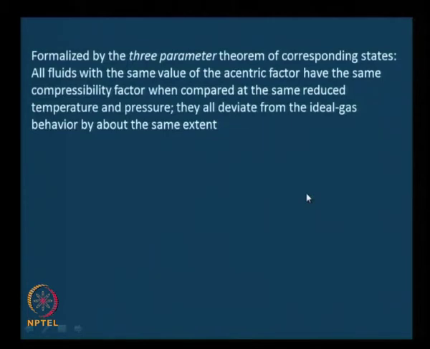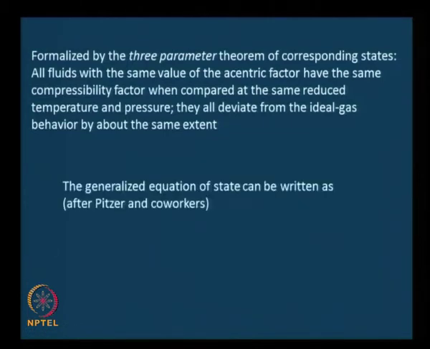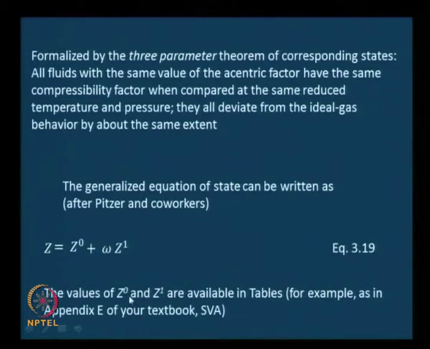This was applicable to a wide variety of gases, and the kind of equation of state that can be a consequence of the 3 parameter theorem is Z equals Z0 plus omega times Z1, and it so happens that the values of Z0 and Z1 are available in tables. In fact, that is the reason why we write it in this form, because the values are available to us.